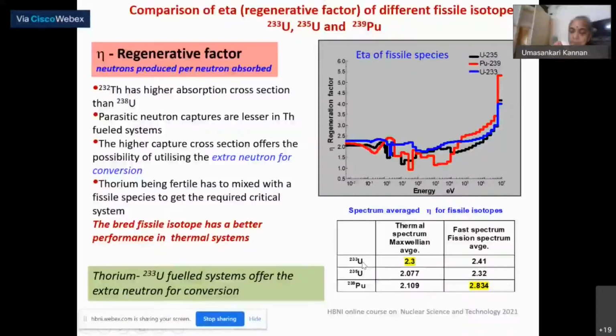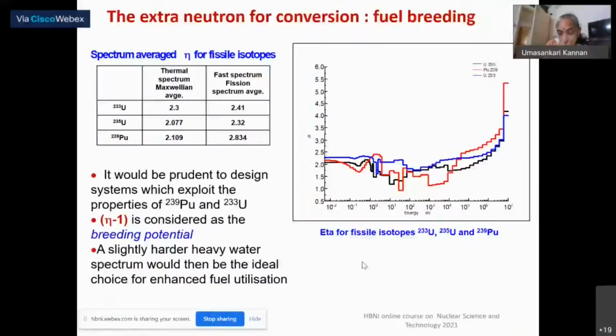That is why you will have to design reactors such that this is manifested, or you can have larger eta. Here, this is what I have reiterated, that eta minus 1 is considered the breeding potential, and there is a slightly harder heavy water spectrum. Harder means higher energy.